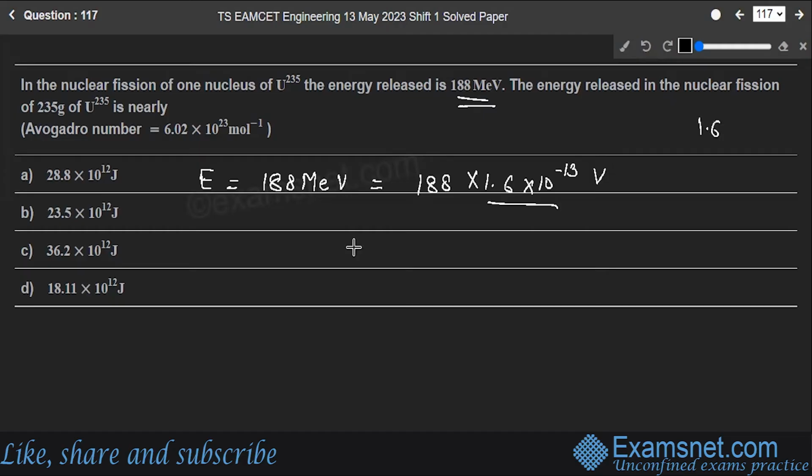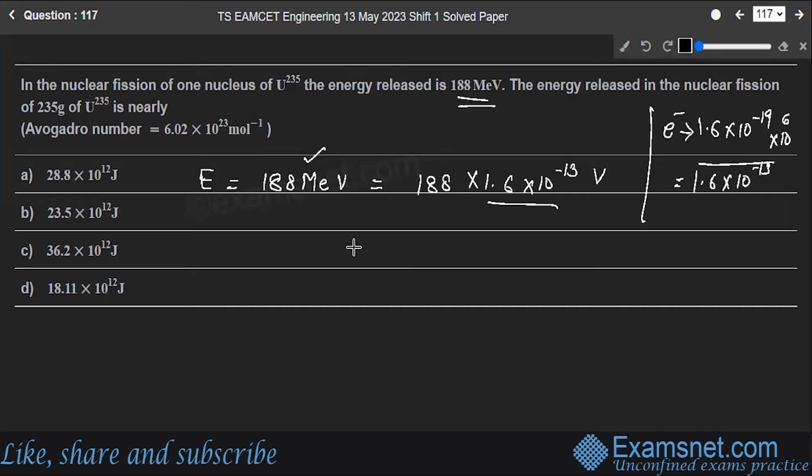See, the charge on an electron is 1.6 times 10 raised to power minus 19. Mega gives you 10 raised to power 6. So this will be equal to 1.6 times 10 raised to power minus 13 joules per MeV. Hope you are clear with this.